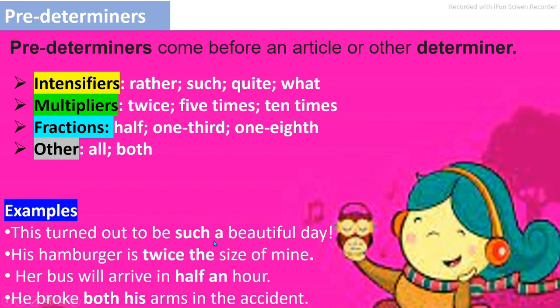Because one determiner is already given, a, the, an and his, the determiners given before these determiners are called predeterminers, like such, twice, half, and both. So I think now you have been cleared about what determiners are, and you would not be confused between the determiners and the adjectives.